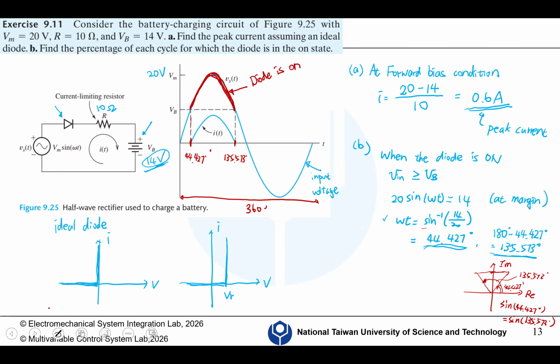So we will have two angles, and because the angle for a cycle is 360 degrees, we can calculate the percentage.